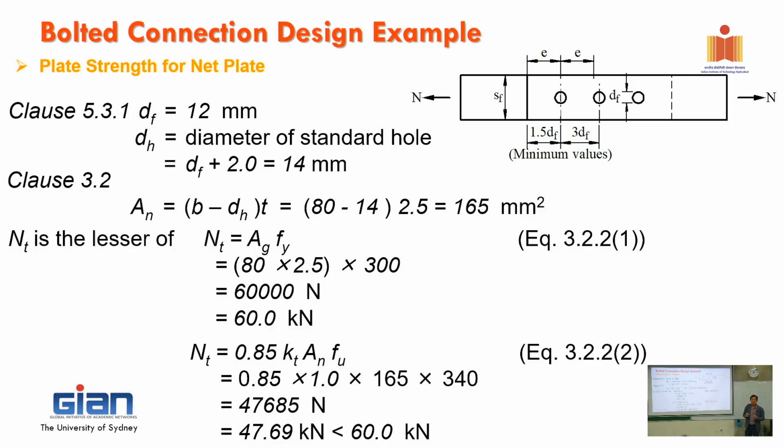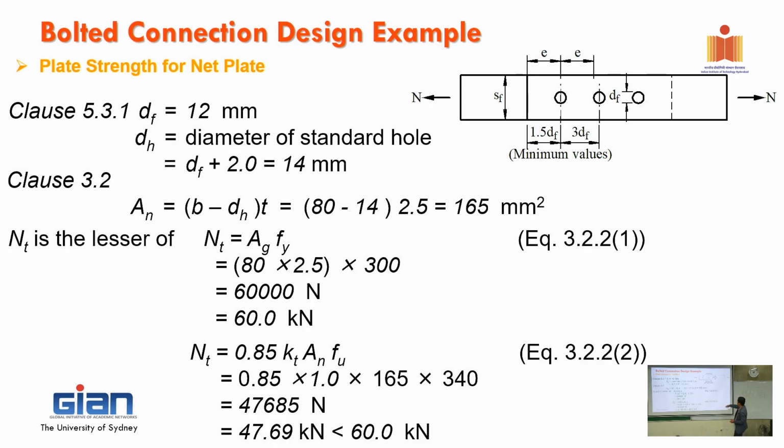For that reason we have a reduction factor here, 0.85, and importantly we're using Fu, the ultimate strength. The kt factor depends on how you put the load together. If you have a symmetric one, kt is 1, and if you have eccentricity, you have a different kt. It's all detailed in the standard.